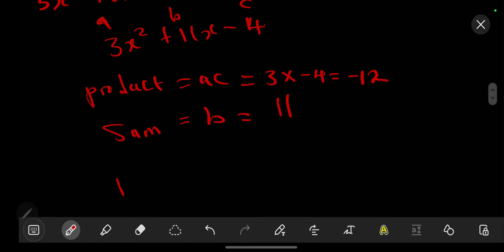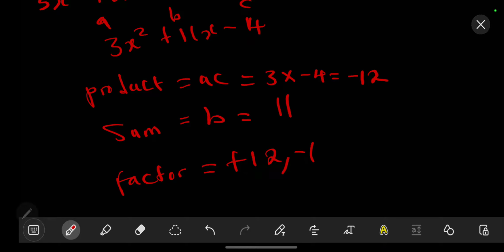Then we need two numbers which, when we add them, give us positive 11, and when we multiply them, give us negative 12. These numbers are positive 12 and negative 1. If we multiply these, they give us negative 12. If we add, they give us positive 11.